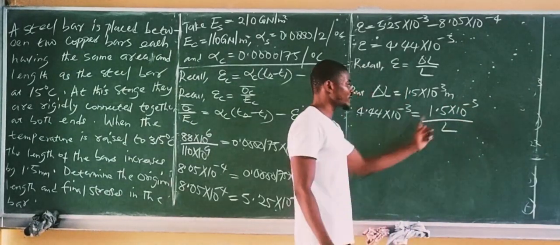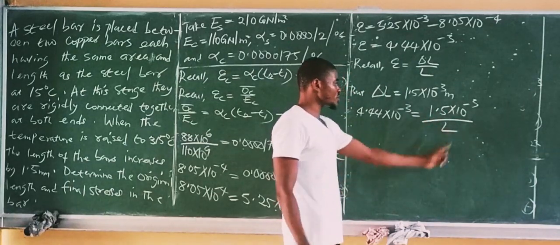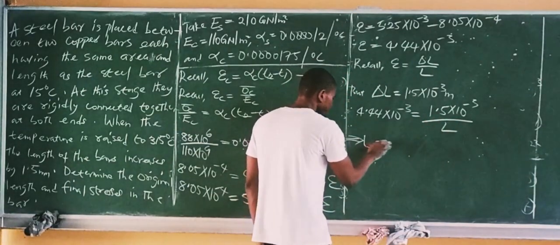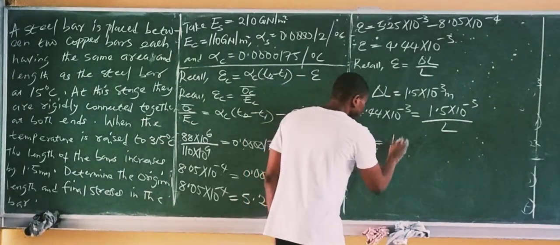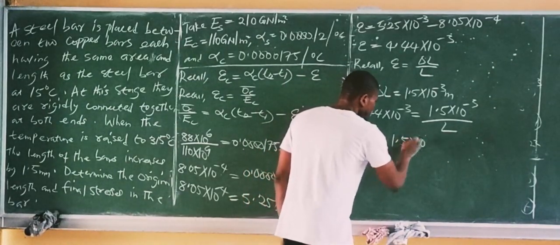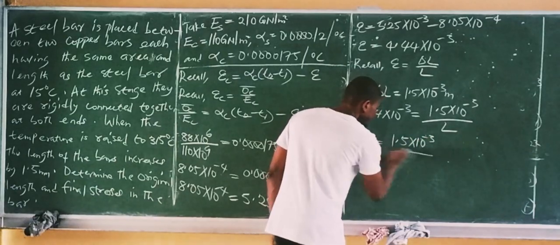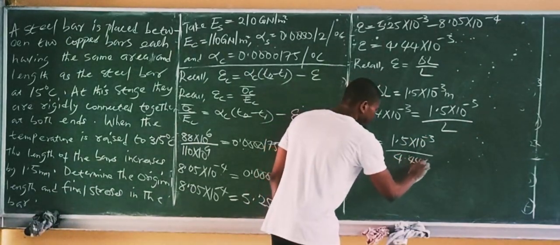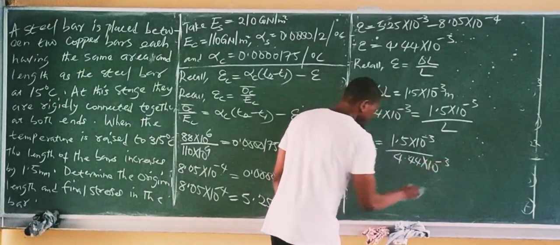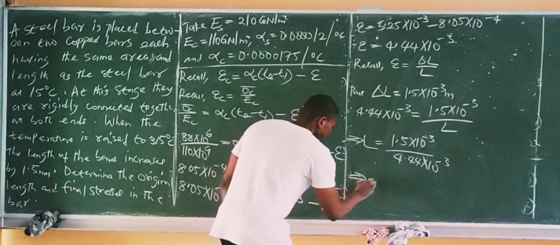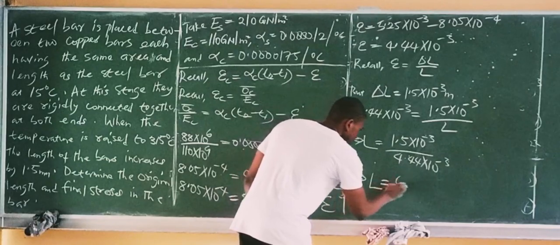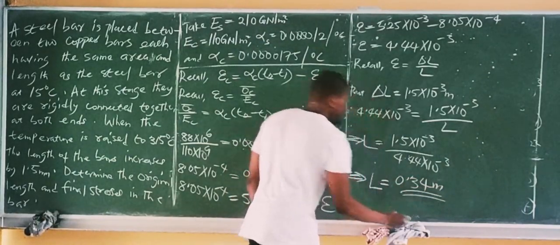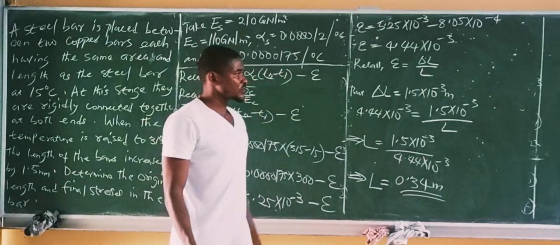The question is to find the original length. Making the original length the subject of the formula, the length is 1.5 by 10 to the power of minus 3 divided by 4.44 by 10 to the power of minus 3. So the original length is 0.34 meters.